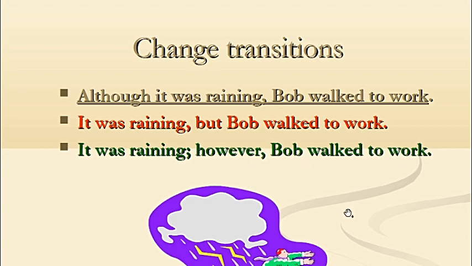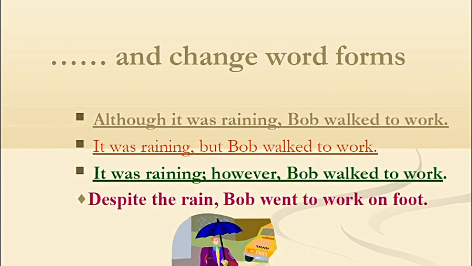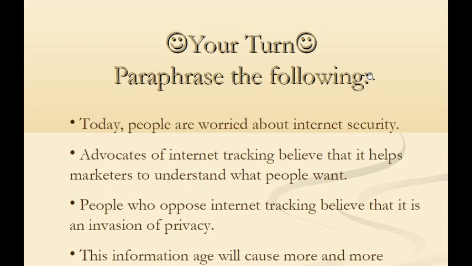It means there are three different examples having the same sense. Now, this slide is also showing change word forms. This is your turn. Paraphrase the following sentences and share your answers.